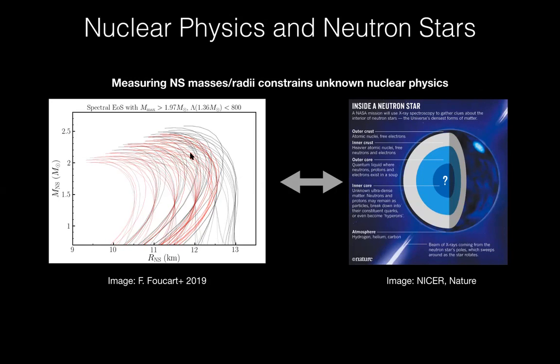And in particular, for any zero temperature equilibrium composition neutron star, you can build a mass radius relationship for neutron stars, which is going to be a characteristic of cold neutron stars in equilibrium. And if we can actually measure the mass and radius of one neutron star, we can get some constraints on the equation of state and thus accordingly on the nuclear physics inside the star.